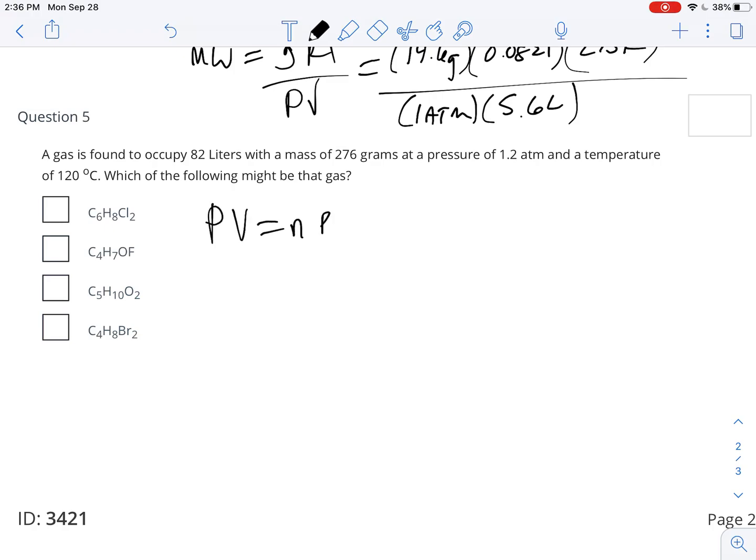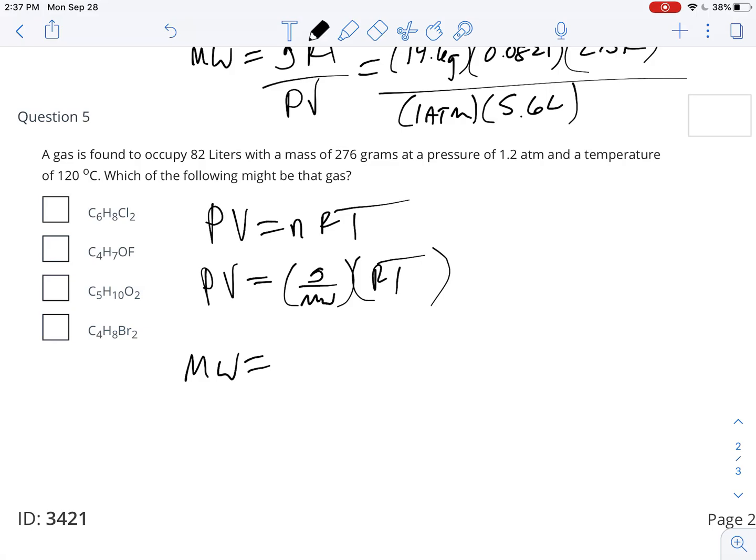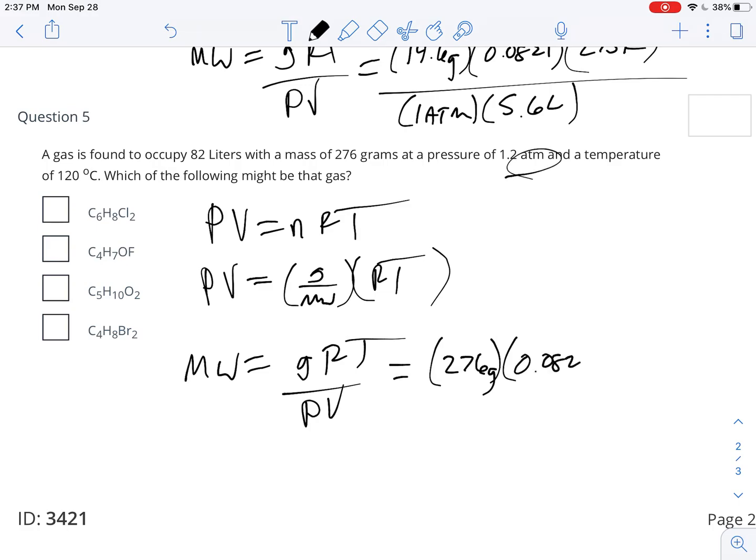So this is PV = nRT, or PV equals the grams per the molecular weight, RT, or again, the molecular weight is equal to gRT over PV, just like it was before. So I gave you all of these things. I gave you that it was 276 grams. I gave you that it was in atmospheres, so I'm going to go ahead and use the 0.0821, and that's liter atmospheres per mole Kelvin.